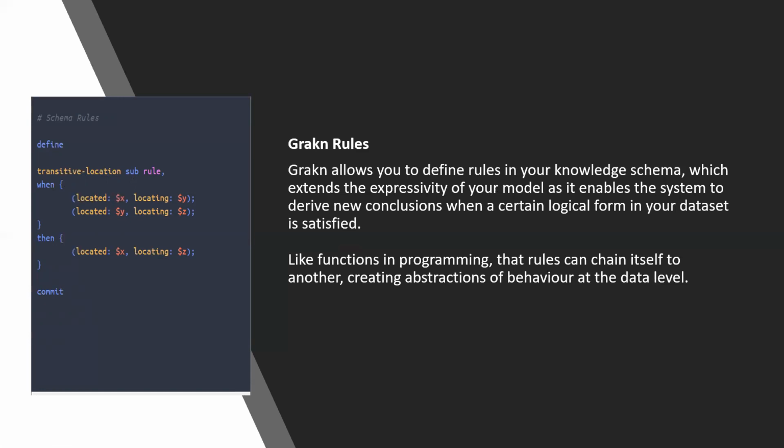In Grakn, the body of a rule is referred to as the when of a rule, that means the antecedent of the implication, and the head as the then of the rule.